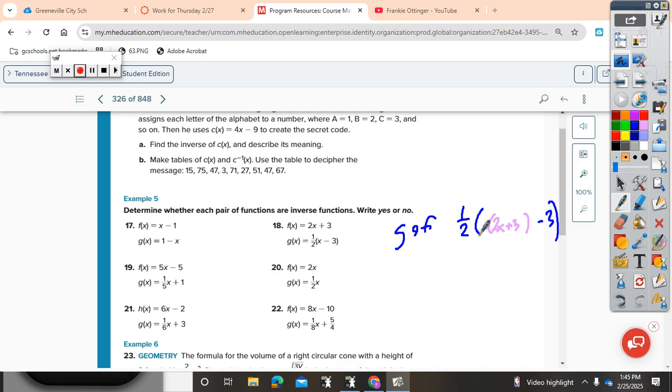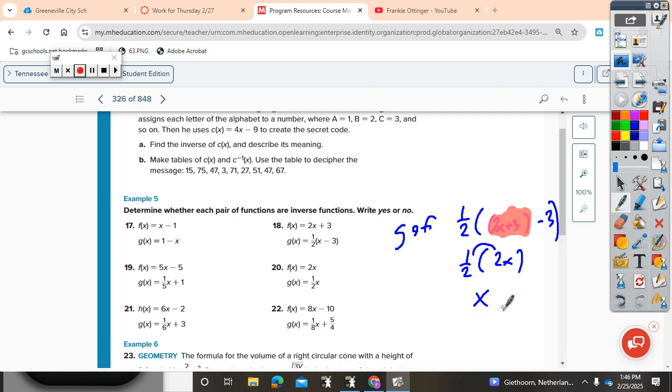So if I'm looking at this and simplifying it using the order of operations, I do have a parentheses 2x plus 3, but nothing to distribute, or I can distribute this 1/2, but I would like to do it this way. Essentially, I'm going to have 1/2 parentheses just 2x plus 3 minus 3. Right? These parentheses right here in light pink, there's nothing to distribute, they're not really needed. What happens when I have a plus 3 and minus 3? It goes away. And so when I distribute this, I'm really just doing 1/2 times 2, and 1/2 times 2, x is just x, so I get the identity.